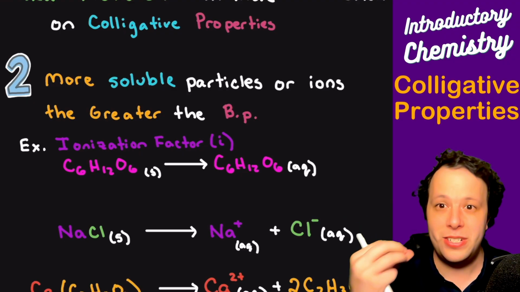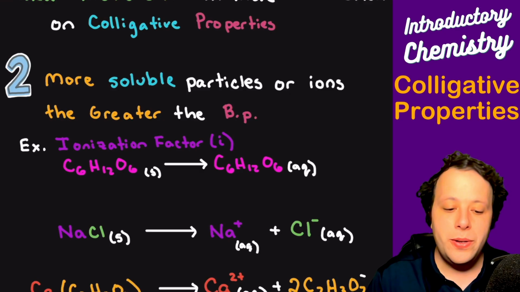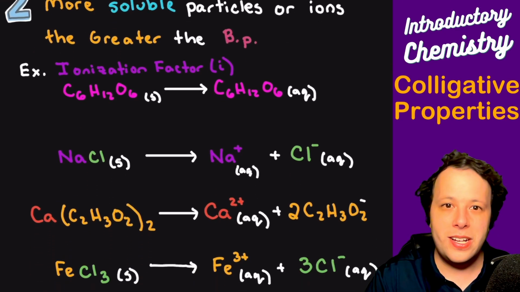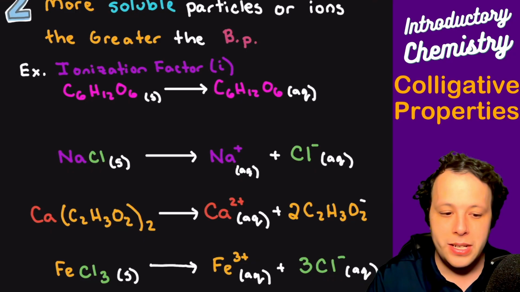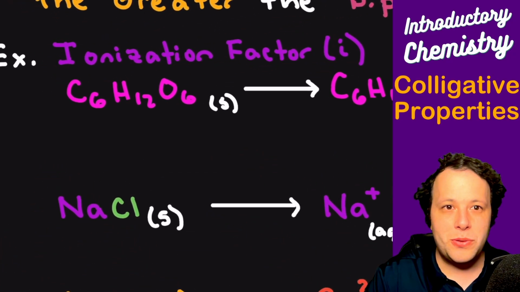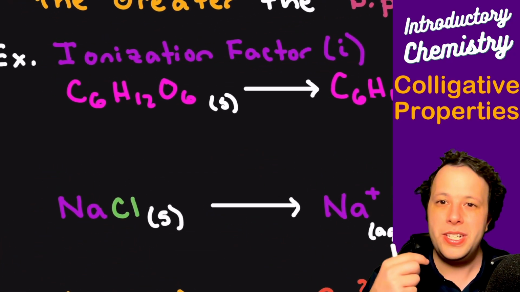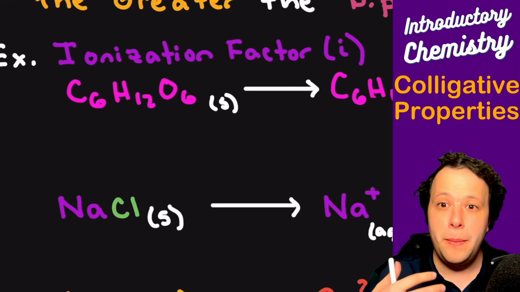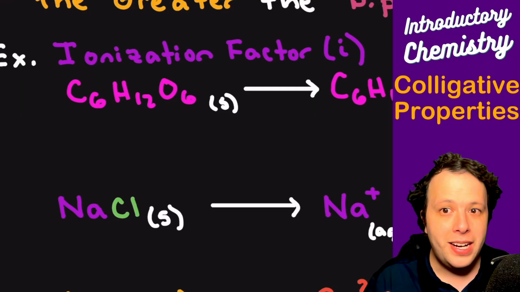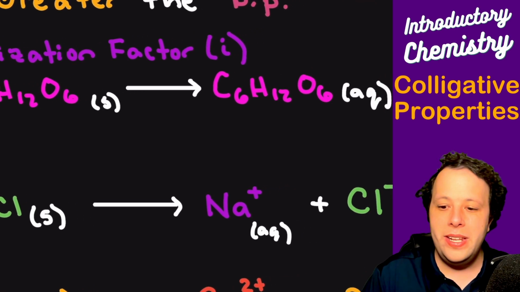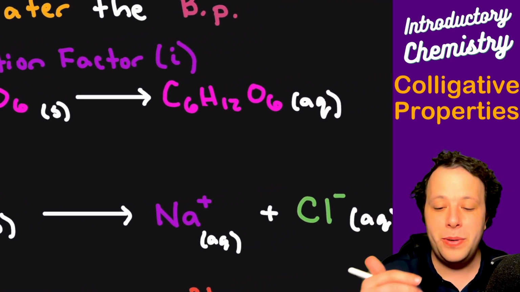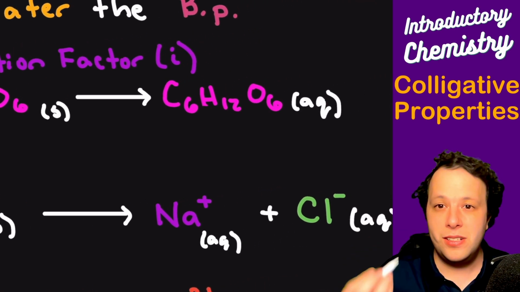When you write out your solubility equation, you're counting how many particles are formed. So if I look at this first one, we have glucose, which is a non-electrolyte, meaning that it does not become ionized, but it's polar, so it's dissolved. When that dissolves, notice how we now just have aqueous glucose.